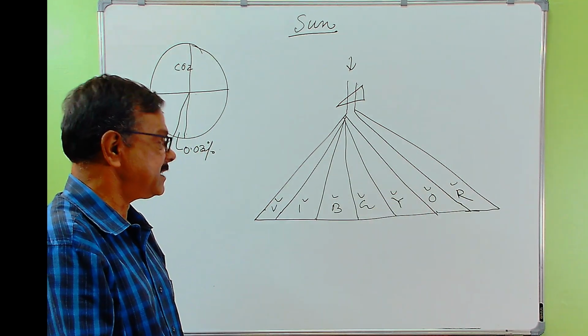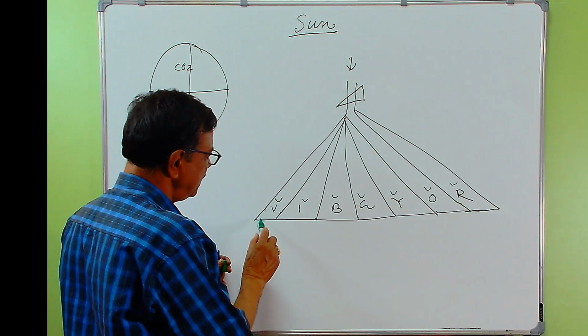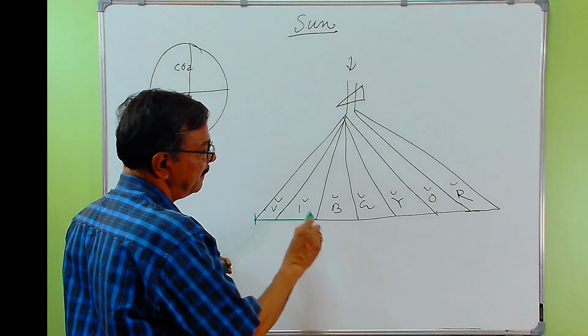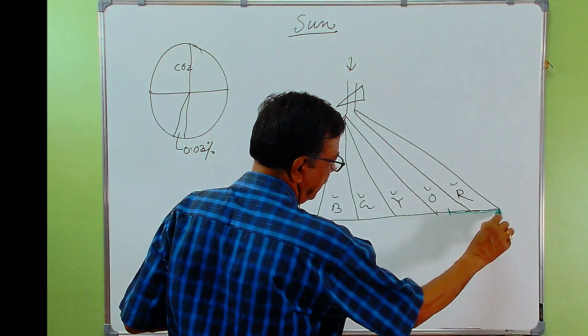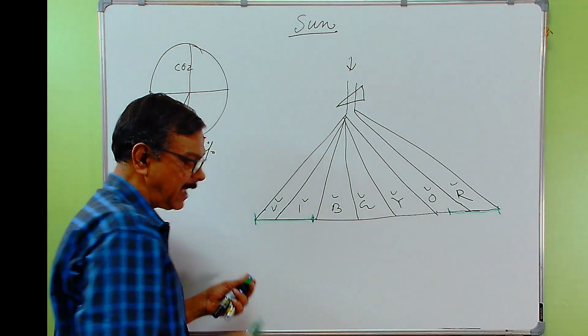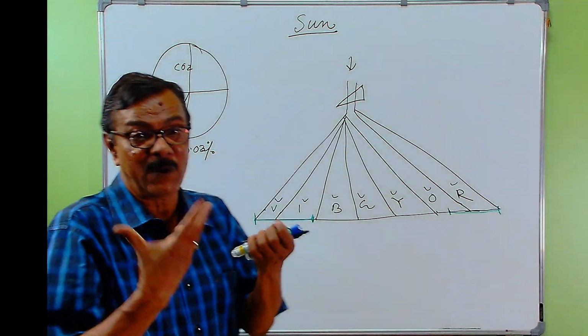What scientists have discovered is that photosynthesis takes place here and here, on both sides of this visible spectrum, which is known as the visible spectrum as we can visualize.